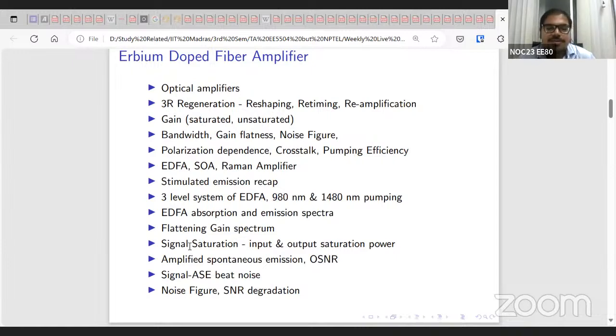Then we discussed signal saturation. This will basically limit in what region of operation you can use your device. And then we discussed the primary impairment, for example, amplified spontaneous emission.